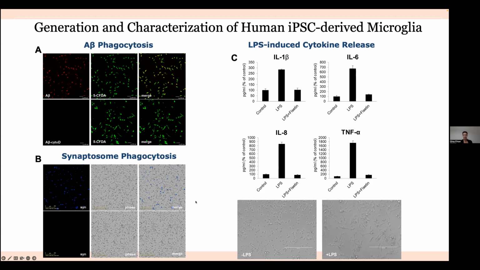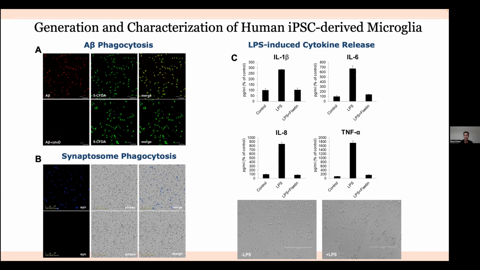Figure C demonstrates that our microglia are responsive to LPS, a commonly used pro-inflammatory stimulus for microglia. This shows cytokine release of IL-1 beta, IL-6, IL-8, and TNF-alpha as measured by a Meso Scale immunoassay of pro-inflammatory cytokines.